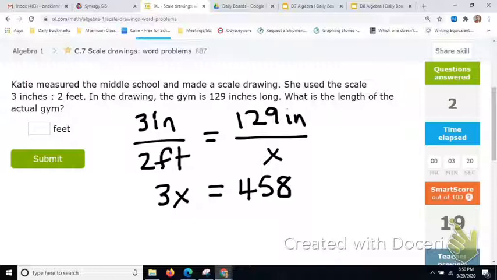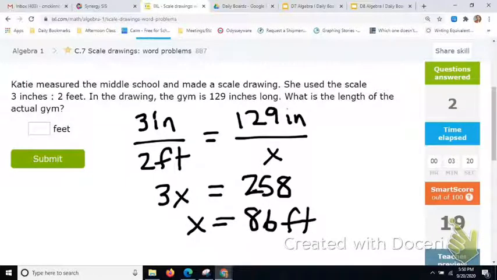Why did I say 458? How about 258? Much better. Wasn't going to come out nicely. So 258. And now when we divide by 3, see 3 goes into 25, that would be 8 times 186.